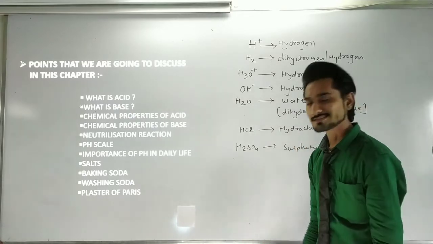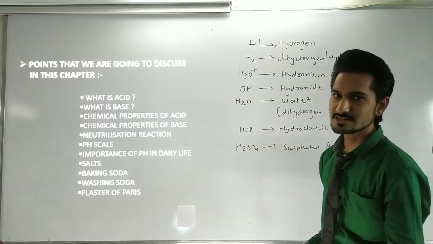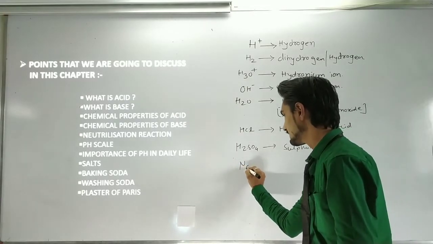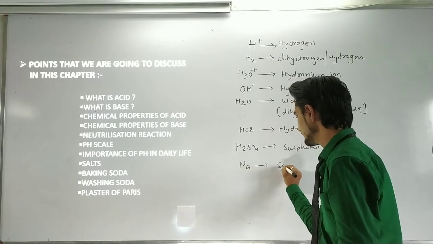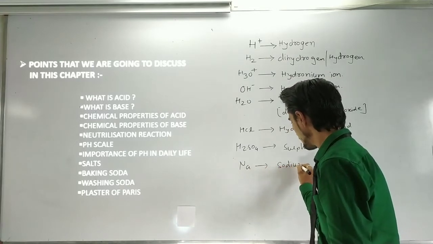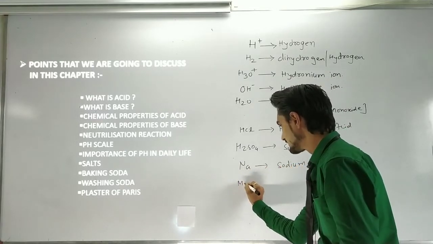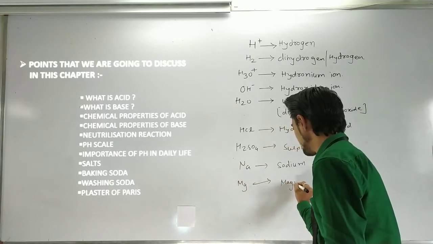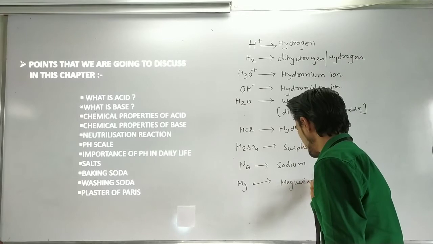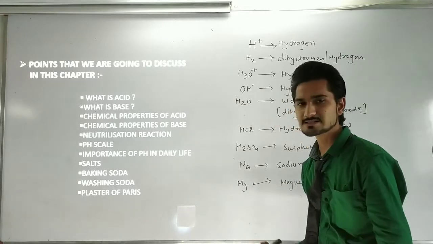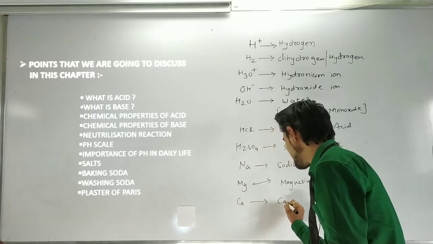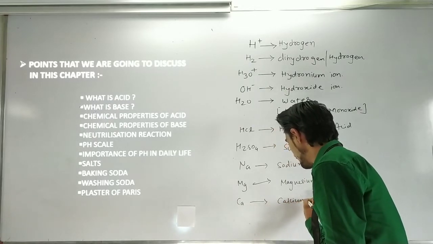Then there are 3 atoms that will be most important in this chapter: Na, which is known as sodium, and Mg, which is called magnesium, and last but not least, Ca, which is called calcium.